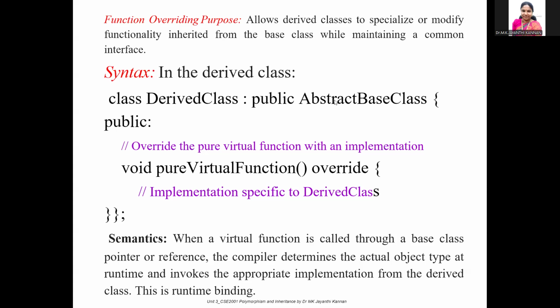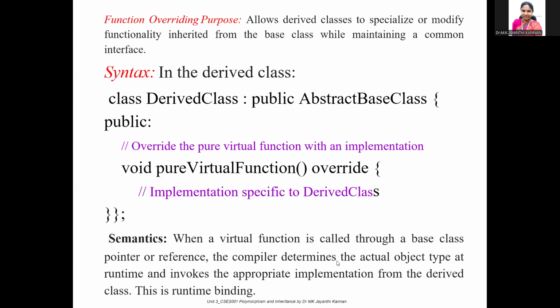If you make your base class abstract, then the overriding can easily happen, using a pure virtual function that the derived class overrides with its implementation. So we are converting the base class into an abstract base class, and we are making the function a pure virtual function.